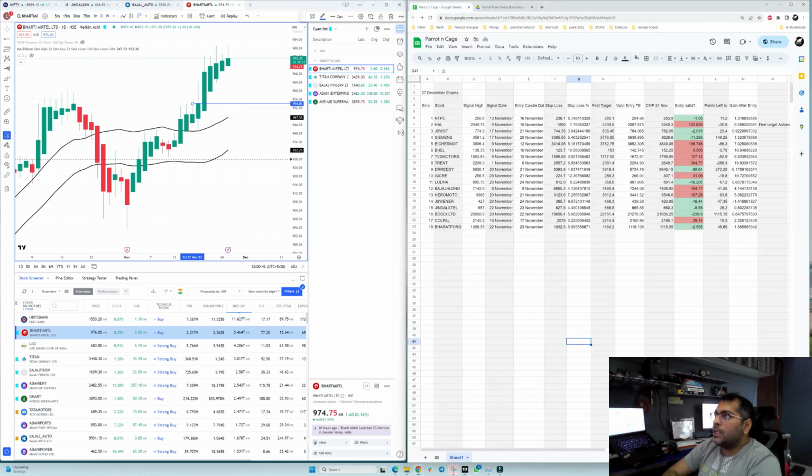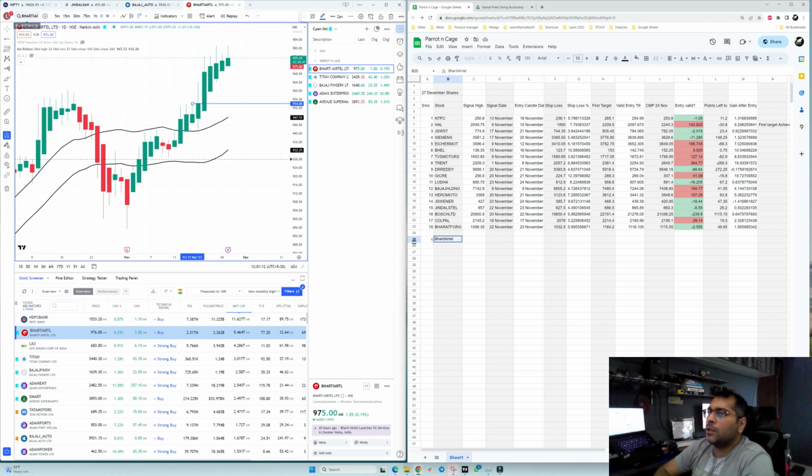Now this is the Excel sheet which I have prepared. What I have simply done is I have made some calculations. I would select the stock here and I'll fill it along with you. So the stock name is Bharti Airtel. I just wrote down the name.